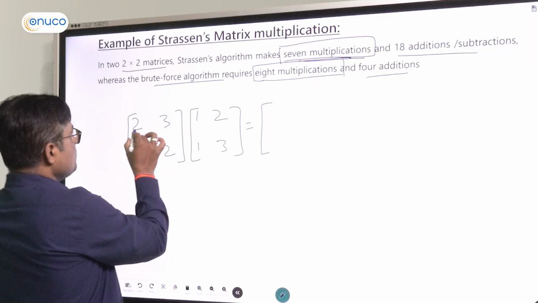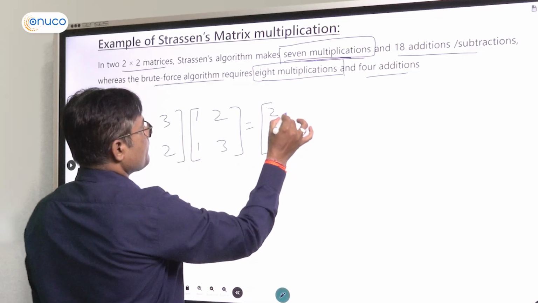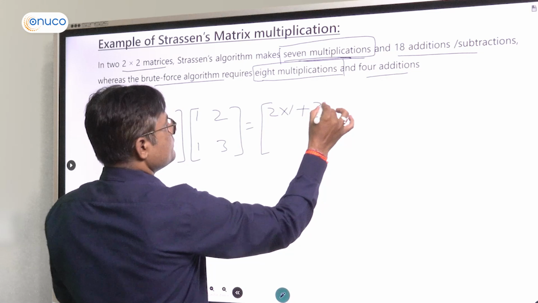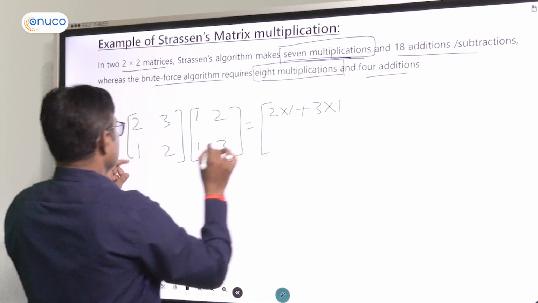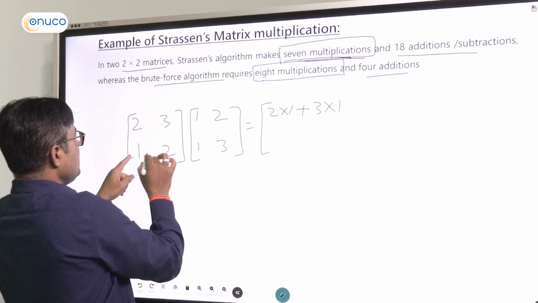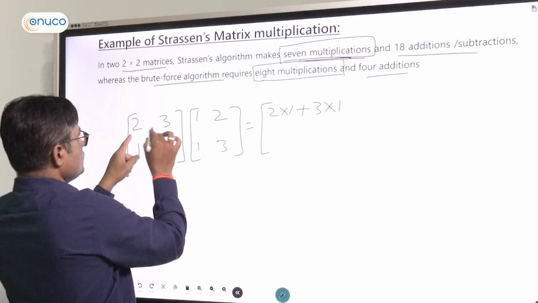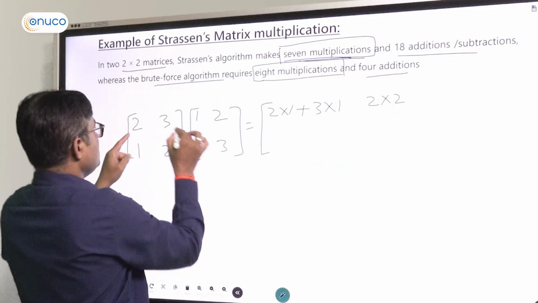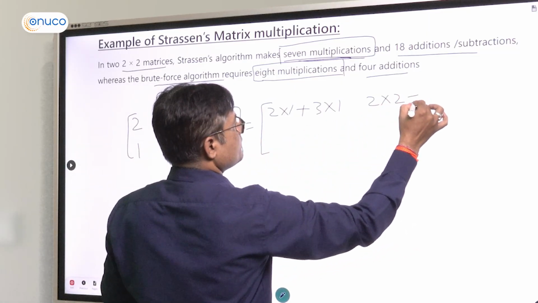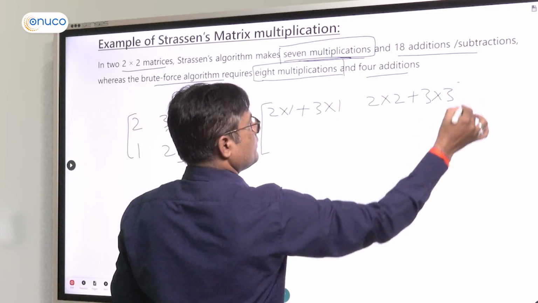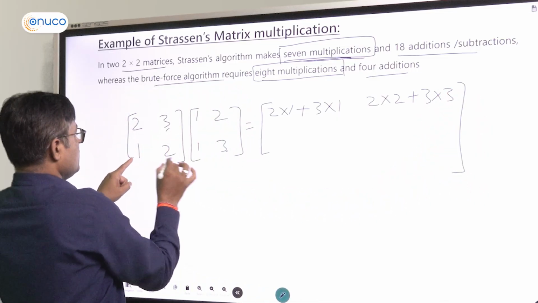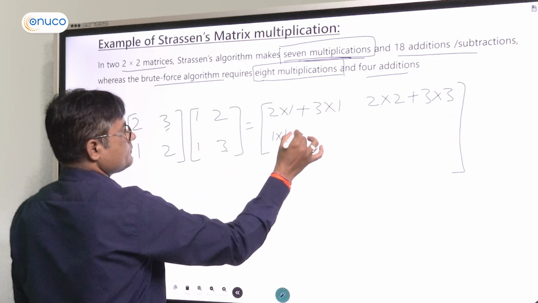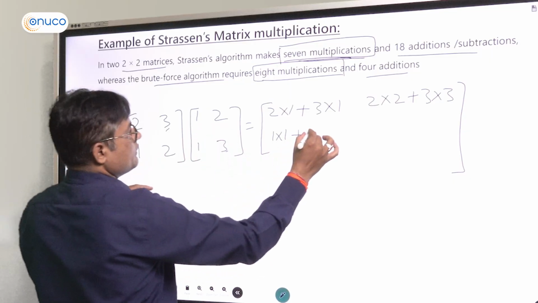So, let us see, we are going to multiply 2 and 1, plus 3 into 1. Similarly, we have to multiply 2 and 2, 3 and 3. Similarly, the second row, first column, 1 and 1, 2 and 1.